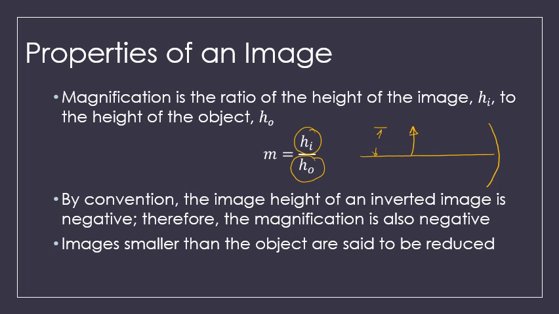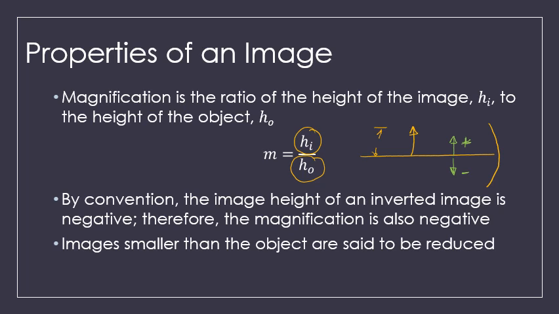You will sometimes find images that are underneath the principal axis. So sometimes your image is on the same side, and sometimes it's on the opposite side of the principal axis. This is a positive image height. This is a negative image height. So keep that in mind.